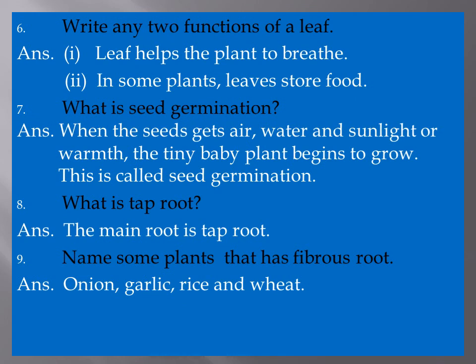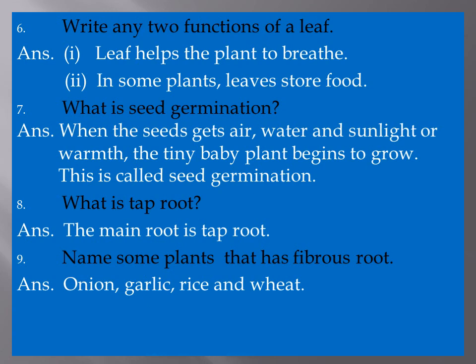Sixth question, write any two functions of a leaf. In this answer, you have to write two functions. The first one is leaf helps the plant to breathe. The second one is in some plants, leaves store food.